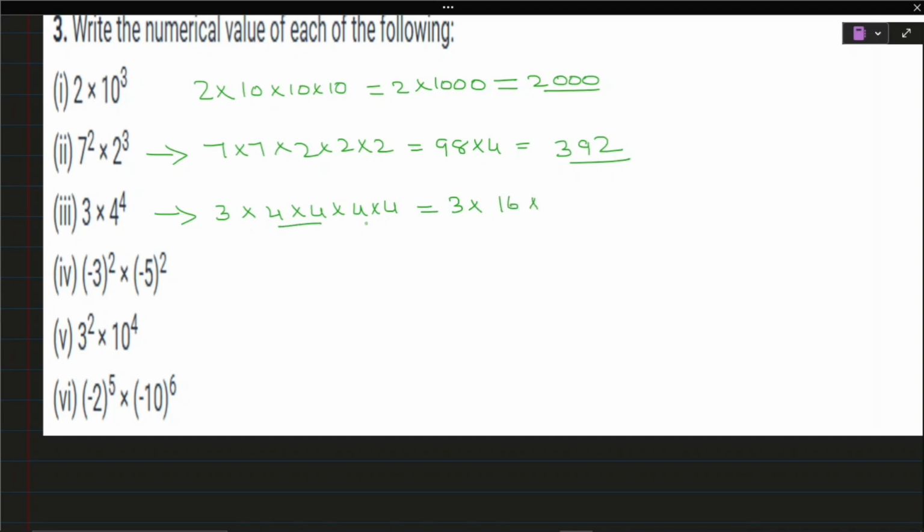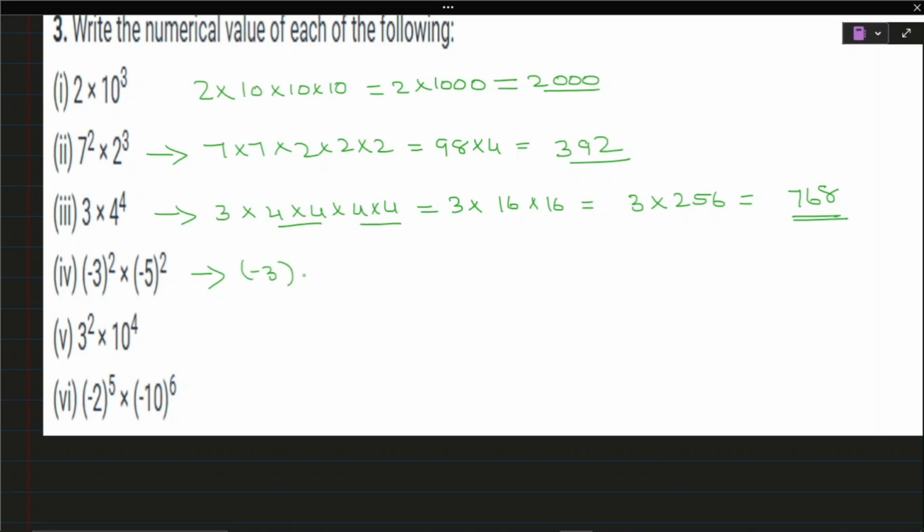Again 4 into 4, that also 16. So 16 into 16 is 256. So this answer becomes 768.